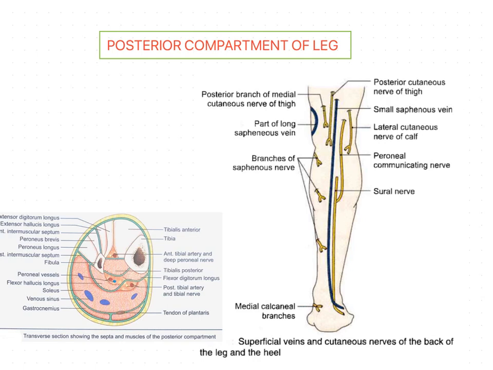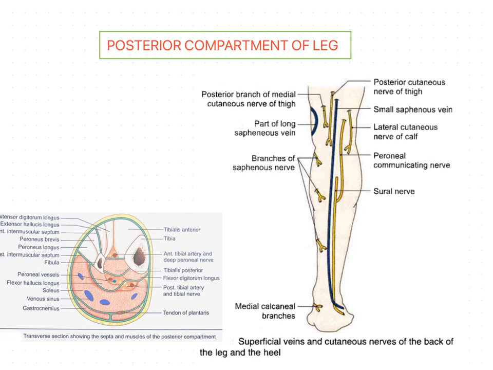The back or posterior compartment of the leg is also called the calf, which corresponds to the front of the forearm. This is the bulkiest of the three compartments of the leg because of the powerful anti-gravity superficial muscles, that is gastrocnemius and soleus, which are quite large in size.